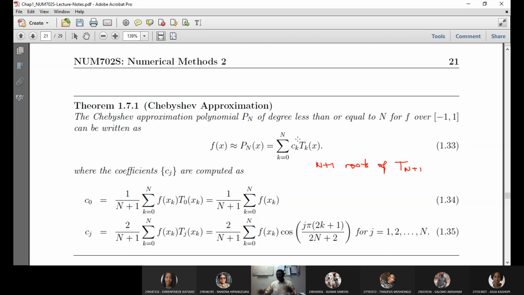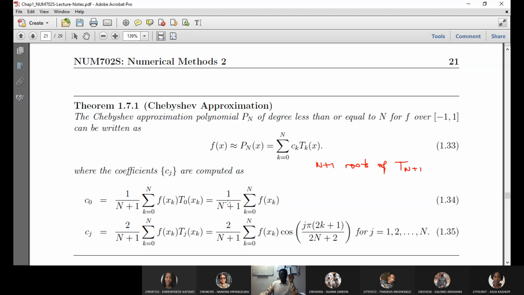And we know already that through the least square method, since the Chebyshev polynomials form an orthogonal basis, the non-zero values, when m is equal to n, equal to 0, will be n plus 1 by 2, and when n is equal to m equal to 0, there will be n plus 1.